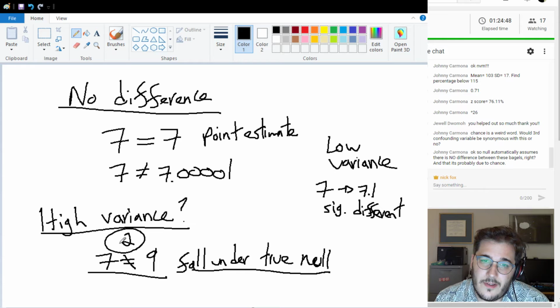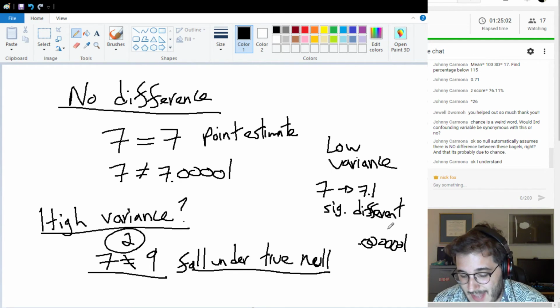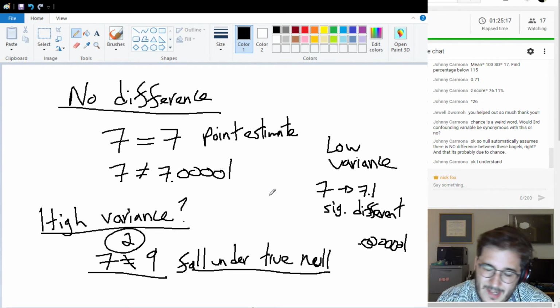So if 0.1 is significant, but 0.000001 is not significant, then if you wind up with this number, even though it doesn't equal 7 exactly, it's still falling under the null because of how much variance there is. You could just close your eyes and put your hand in the distribution. You might pull something that's close to the mean, but not exactly the mean. And the number that you wind up with would be due to chance if it still fell under the null. It's a very tricky concept, but just think about it.